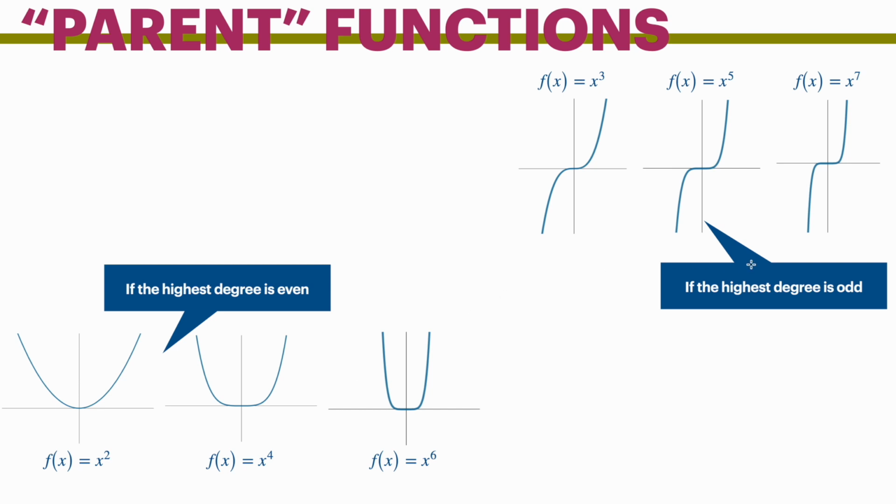On the right-hand side, if the highest exponent or degree is odd, then it is going to go from negative infinity on the left-hand side up and continue through positive infinity. Depending on the degree, they are still all going to have the same type of end behavior.